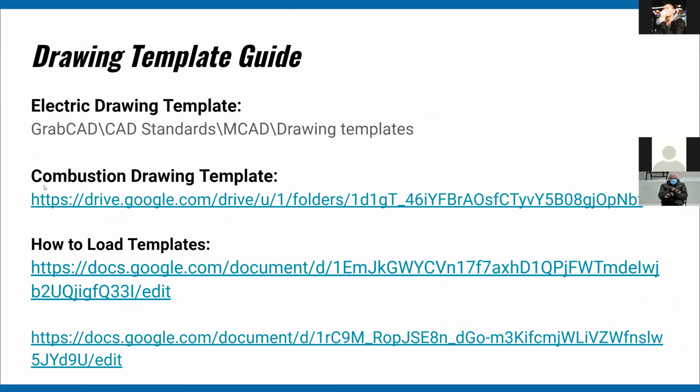For combustion, you have your specific drawing template, which can be found in, I think, the top level folder of the drive, and I put the link there so you can look at that. I also added links for how to load the templates. I'll go over a little bit about how to do that after, with a run through of SolidWorks to show everybody how to do that live.